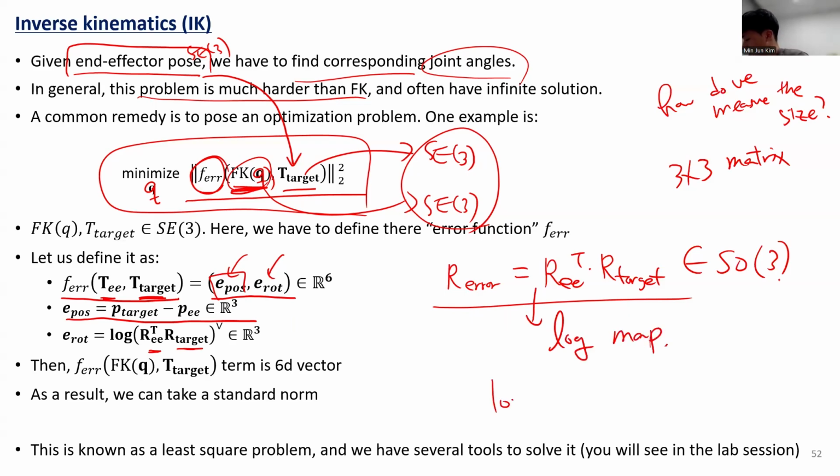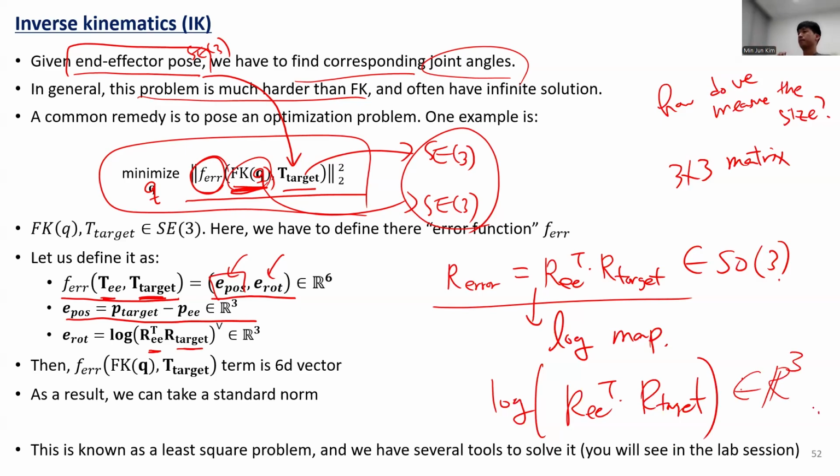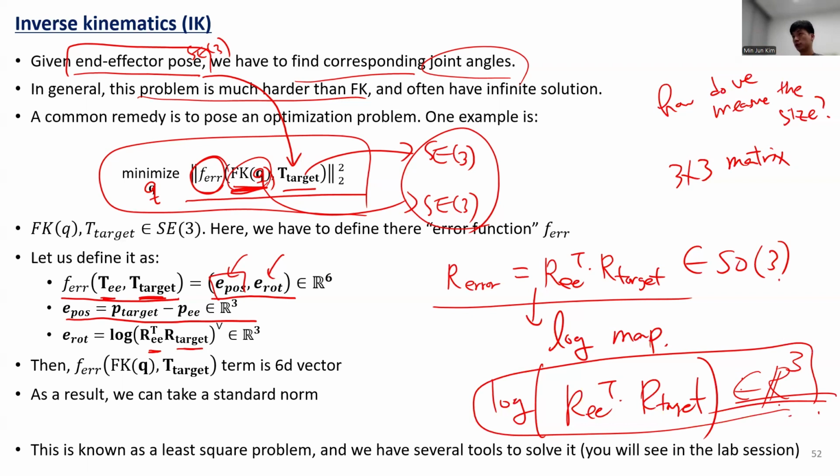The log of R end effector transpose R target gives you a 3-dimensional vector. And then you can take a standard vector norm of this exponential coordinate. Okay, that's the entire idea.